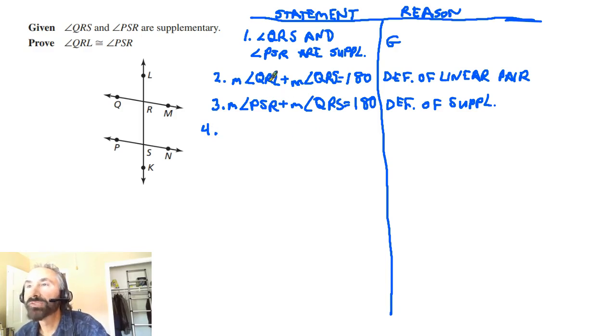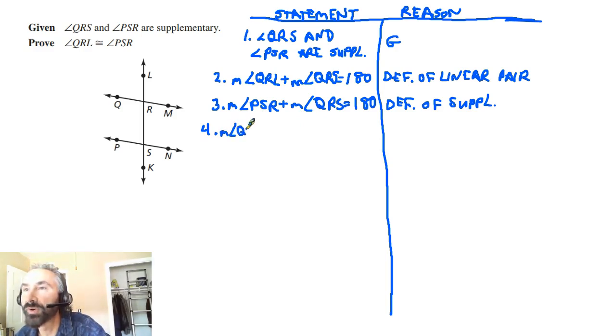Well, since these two are equal to 180 and these two are equal to 180, we could just say that these two must be equal to these two. And that could either be substitution or transitive property. So I'm going to go ahead and try to write this as best I can.